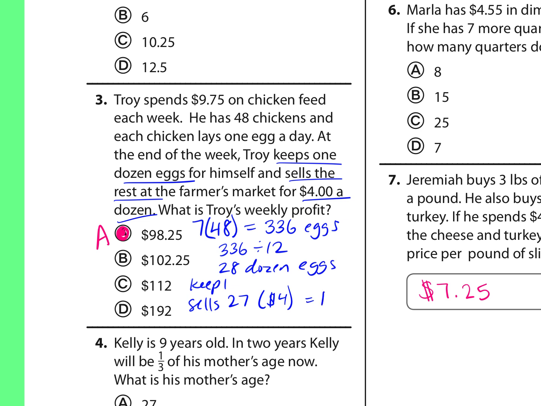So that's $108. Now we have another thing though. He spent $9.75. So if we take that $108 and subtract what he spent, $9.75, we get the amount of money he made, his profit, $98.25.